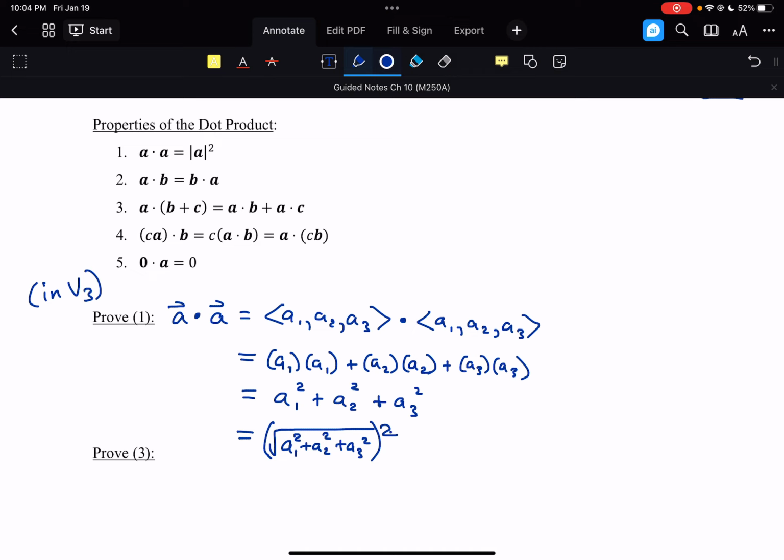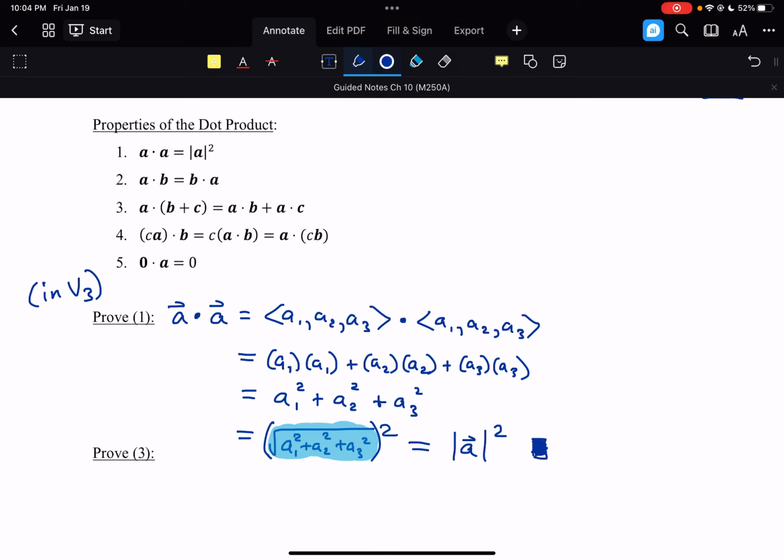Right? If you take a square root and a square, they would undo each other, right? If we wanted them to, they could cancel and bring us back to here. But we don't want to cancel them because everything inside here, that's the formula for the magnitude or the length of the vector A. So that is the length of A squared.